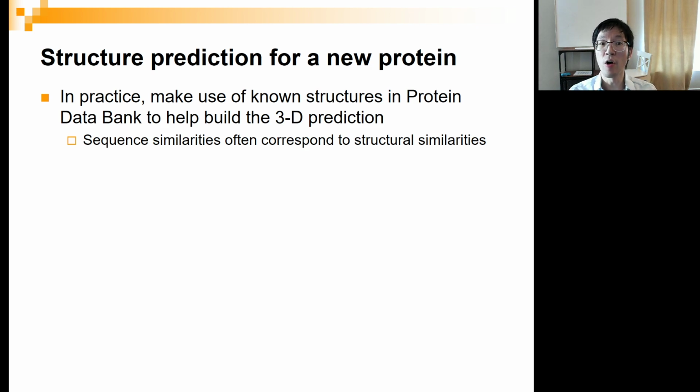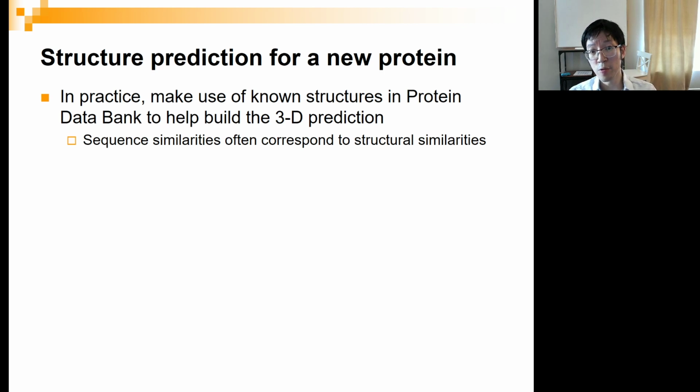People were already on it from a computational viewpoint. They wanted to build a structure prediction for this new unknown protein that we needed to study. The way to do that in practice is to make use of known structures in the Protein Data Bank, that have already been deposited, to help build an initial three-dimensional structure prediction.